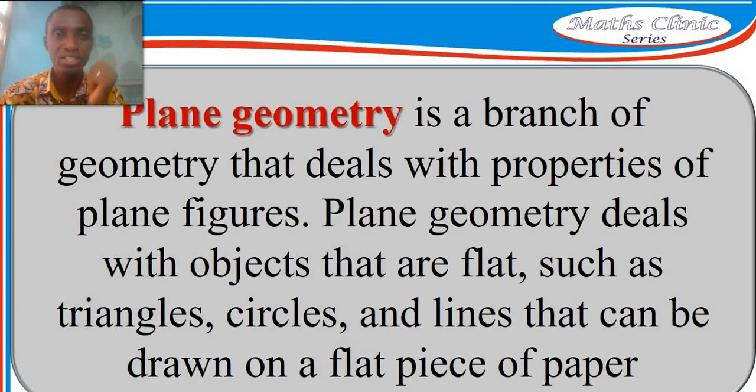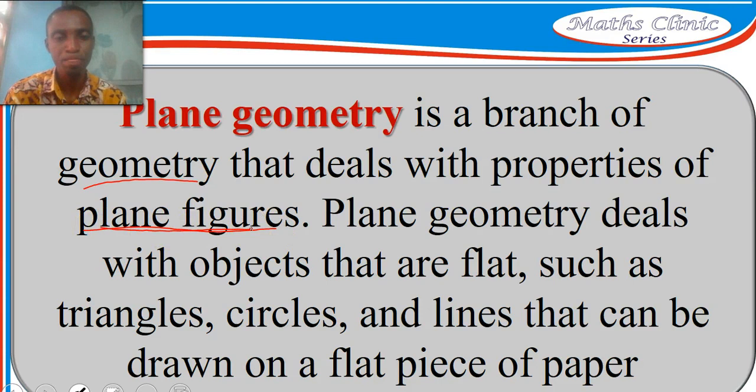Now the first definition has to do with plane geometry as a whole topic. It's a branch of geometry. I say it's a branch because we also have other geometry to learn, like coordinate geometry and solid geometry. Plane geometry is a branch of geometry as a big topic that deals with properties of plane figures, and that is what you have to take note of.